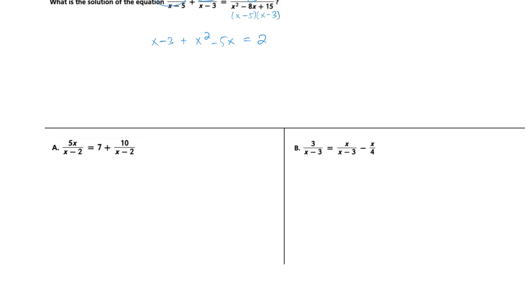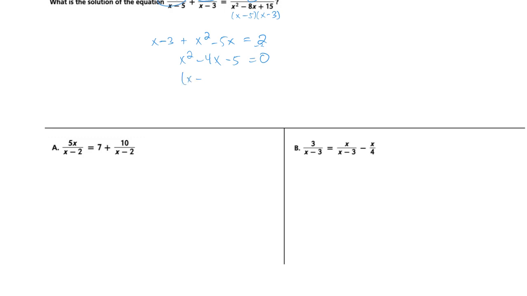X minus 3 times 1 is just x minus 3. So then we get x squared. Let's get everything on the left side. What we get, minus 5x plus x is minus 4x. And then we need to subtract the 2 over. So negative 3 minus 2 is negative 5. It's equal to 0.